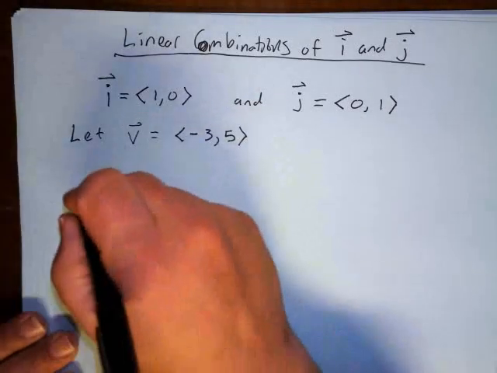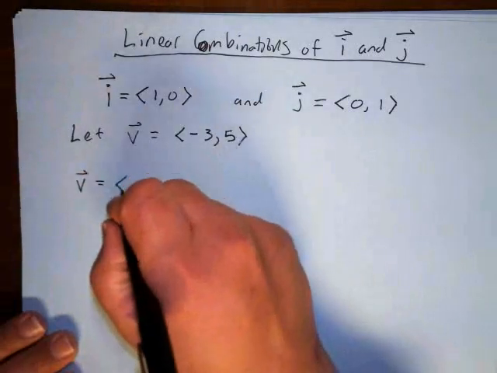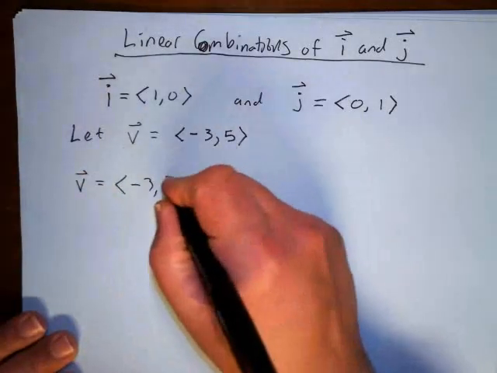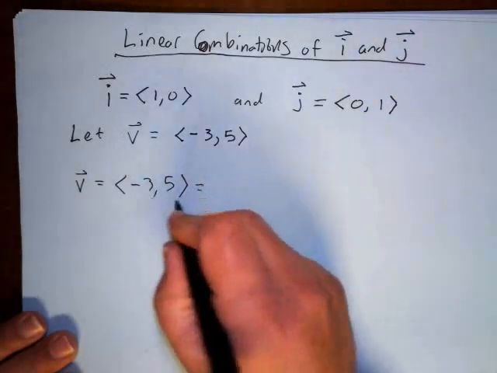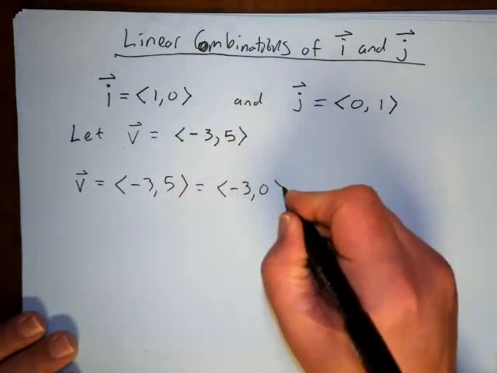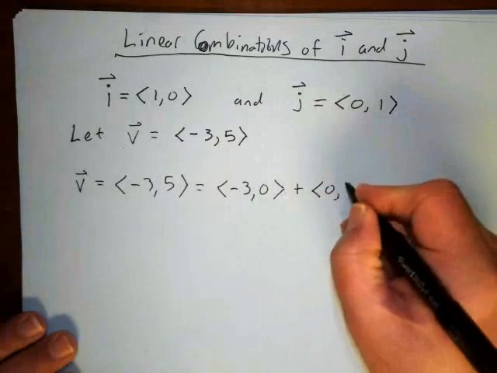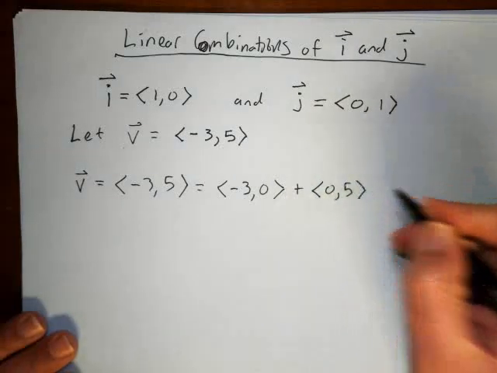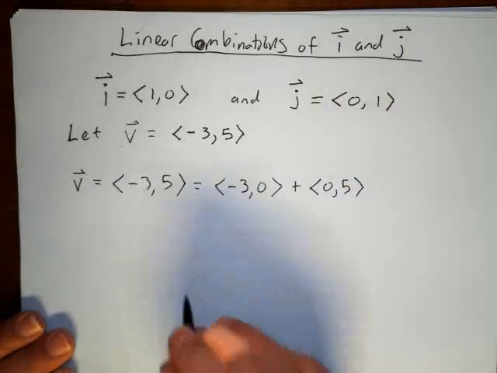So let's say v is equal to -3, 5. Now I can take this apart. This is the same as -3, 0 plus 0, 5. See that? If you added them together, you would get that.